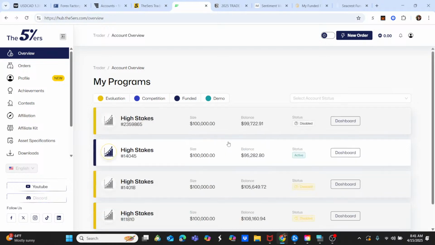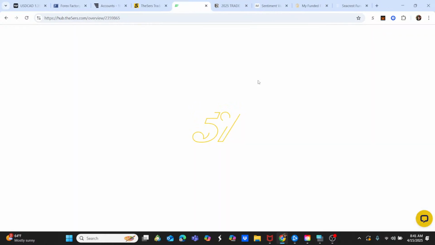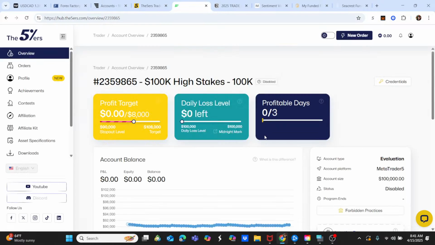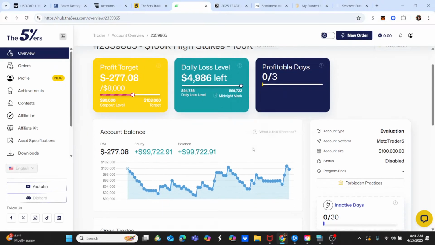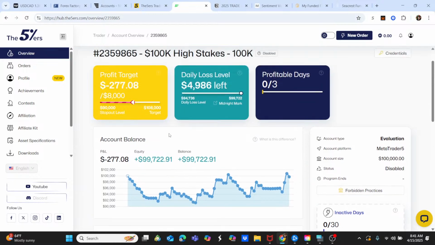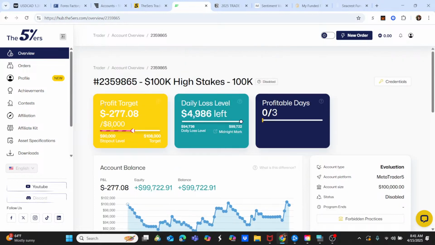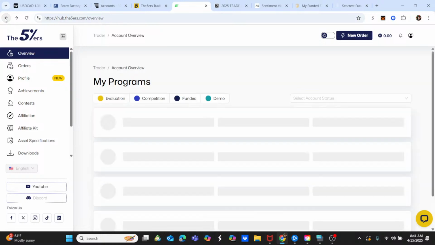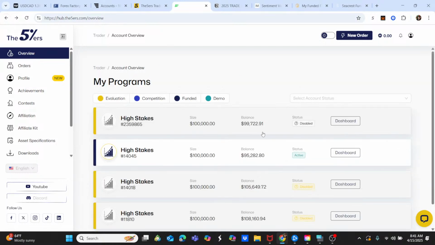And if we log into my other account right here, the 100K account, just showing y'all that everything is the same on the stream. You can see that, why is this not accurate right here? That's way off. Am I on the right account? I'm not even on the right account. I'm tripping. I was like, why my equity curve look like that?